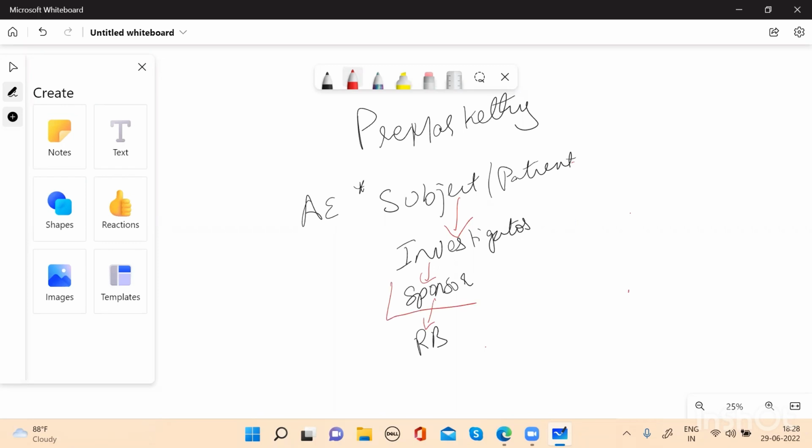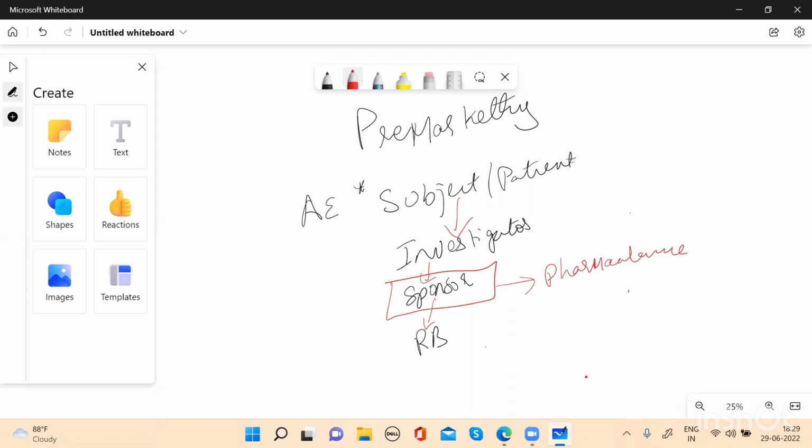The sponsor is responsible for pharmacovigilance. The sponsor collects all kinds of adverse events from the investigator, assesses whether each is related to the drug or not, and then reports to the regulatory bodies. This is the model in pre-marketing.